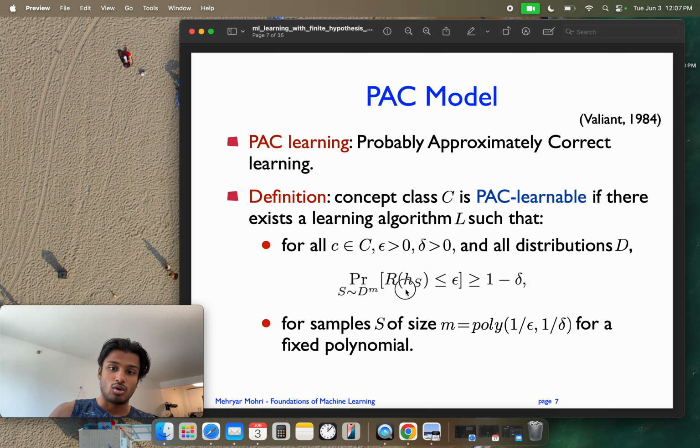And now if this holds for every concept in that concept class, I can say that this concept class is PAC learnable. All right. So this essentially is saying that a concept class, basically things that I'm actually interested in learning, is PAC learnable if I have a polynomial dependency on the accuracy and the confidence parameters.